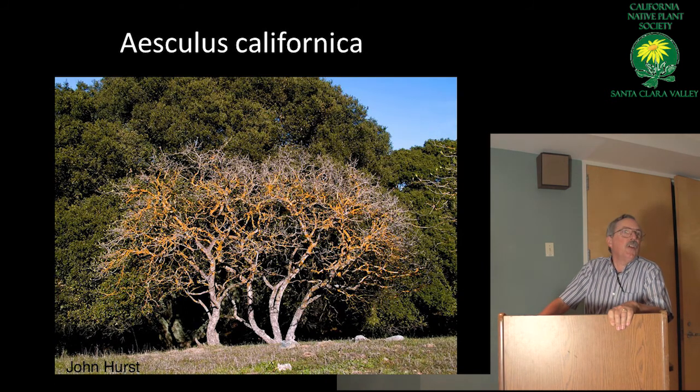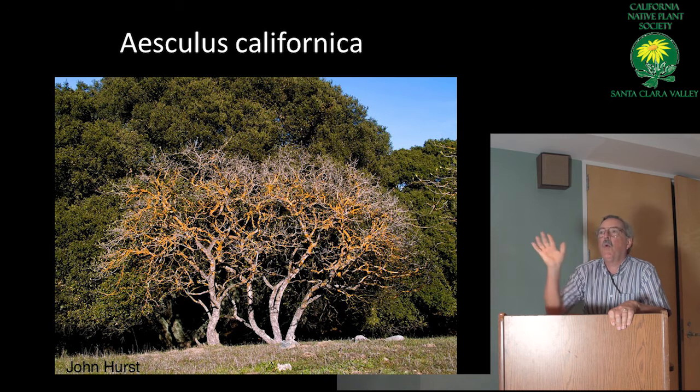You often find this along with it because they both like a similar location. A place where there's water underground, broken up soil, and often greenstone. But another one of these that's interesting is, have you ever noticed that off of Interstate 280 and Page Mill Road, the one corner has this huge amount of this?